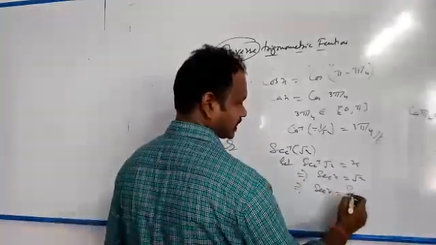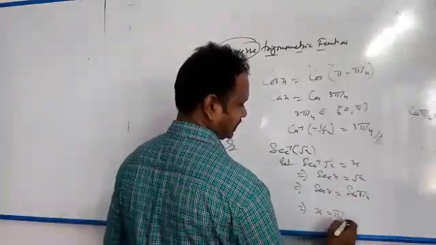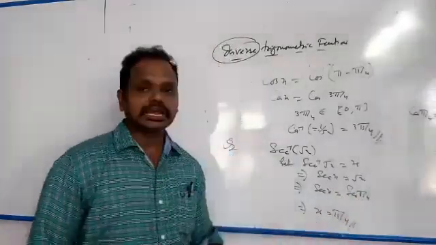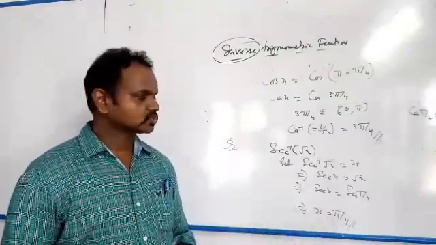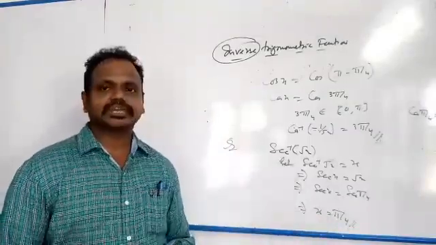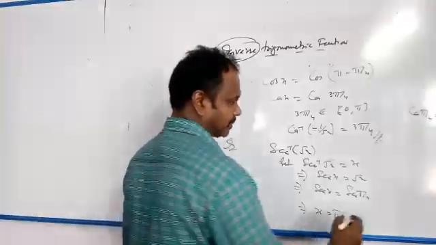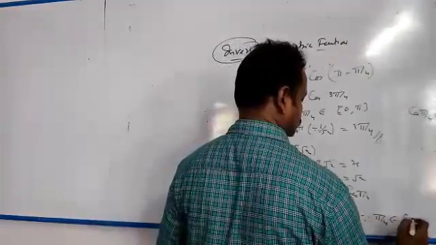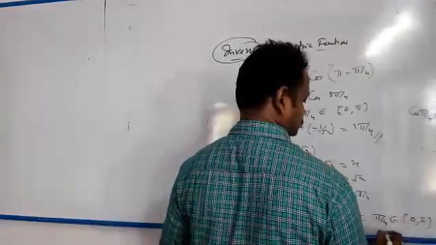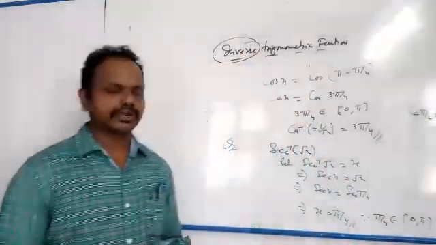That is sec pi by 4, which implies x is equal to pi by 4, and it belongs to 0 to pi. What is the principal value branch of the sec inverse function? It is between 0 to pi. So since pi by 4 belongs to 0 to pi, therefore it is correct. Therefore we can say that this is the required value.